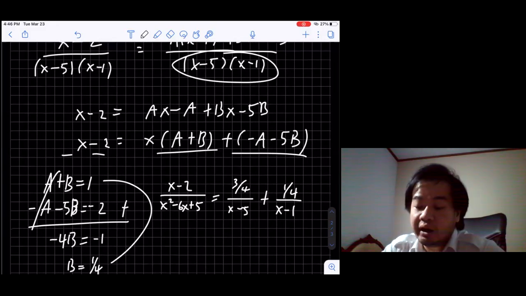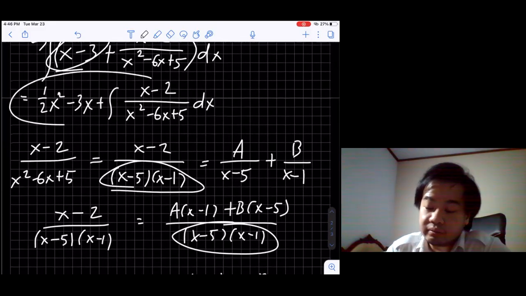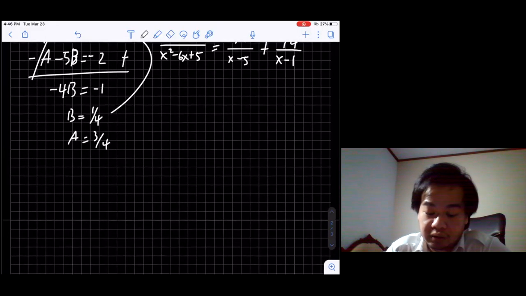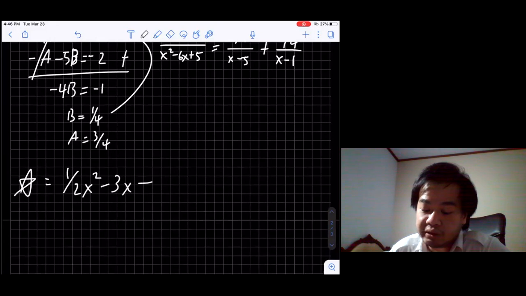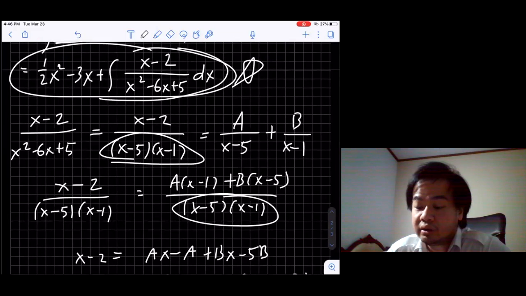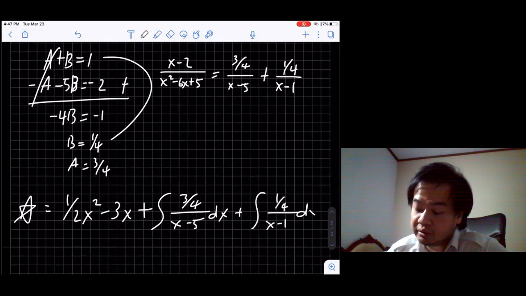Okay, then now how to integrate it? This is equal to half x squared minus 3x plus the integral of, we split this into partial fractions, 3 over 4 over x minus 5 dx plus the integral of 1 over 4 over x minus 1 dx.